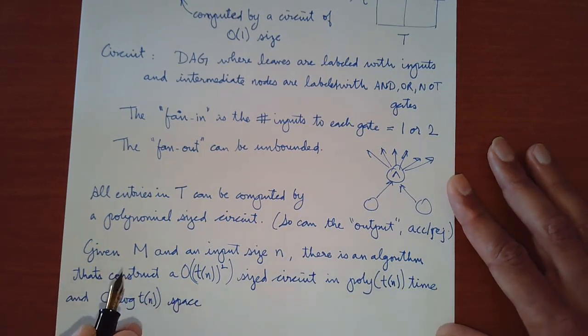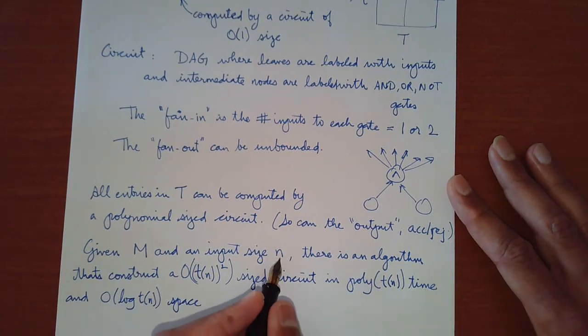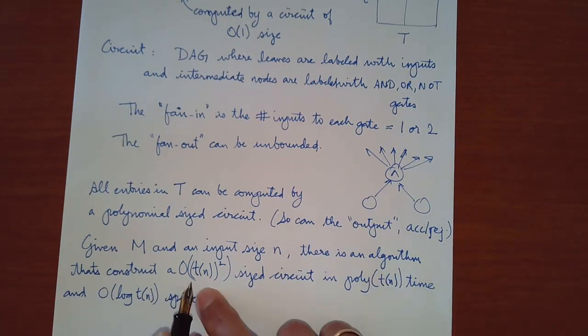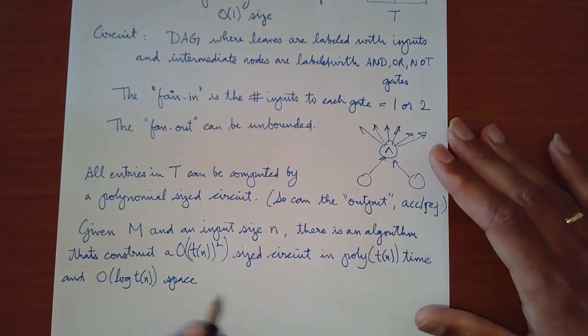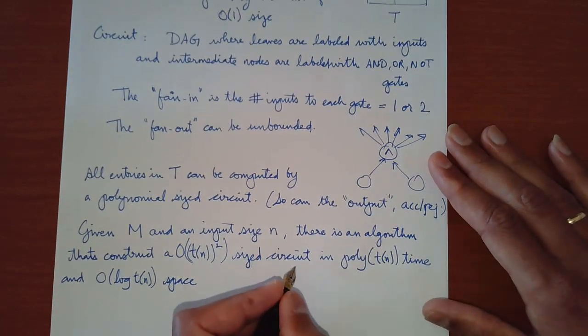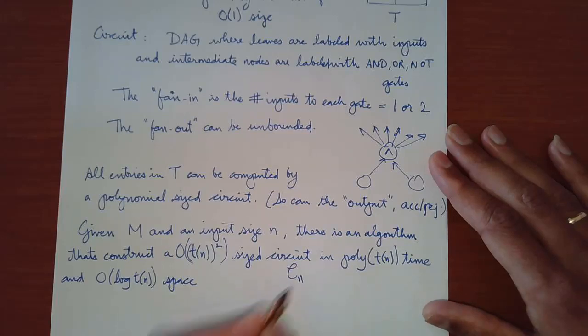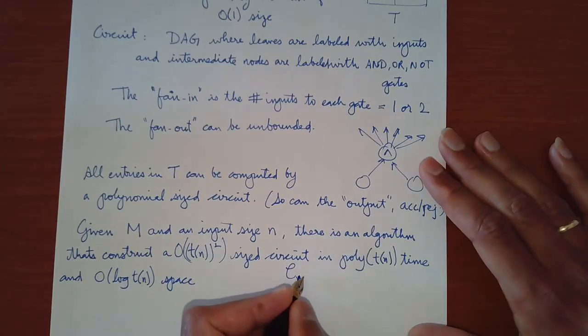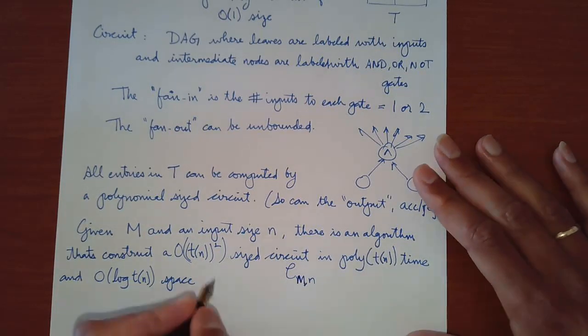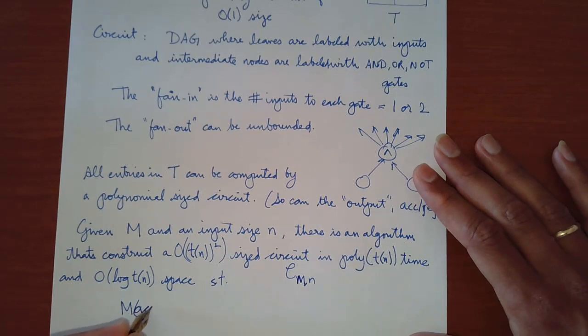Right, so you're just given the Turing machine and a size, and you're spending time that is polynomial in the running time of the machine that constructs a circuit, and I will refer to this circuit as C of M, n, such that M accepts the input x if and only if C_{M,n} evaluated on x is 1.